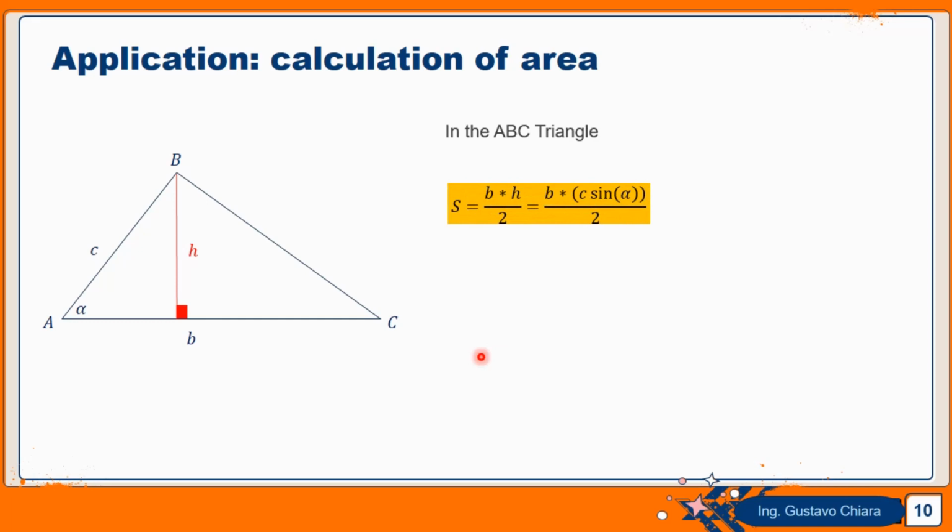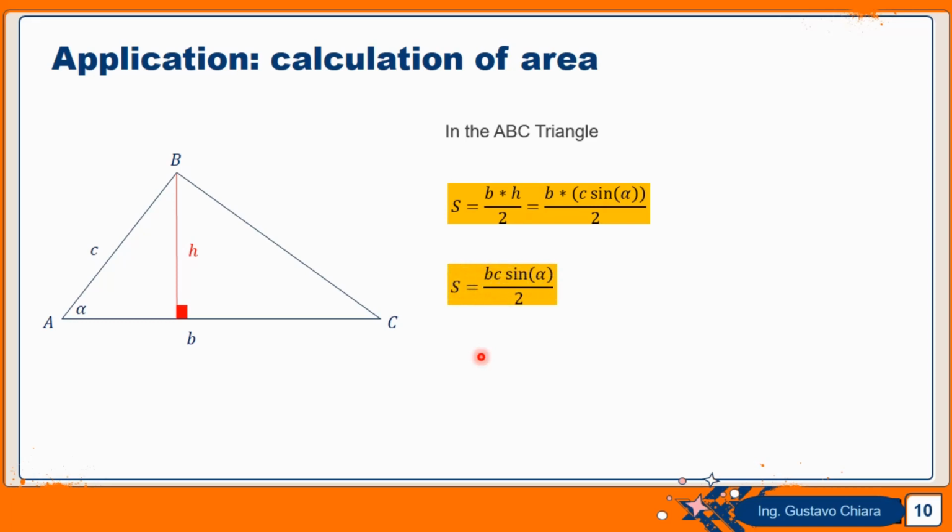It is defined as the base multiplied by the height divided by 2. Using the triangle, remember that you have the hypotenuse and the angle, so the height is equal to c multiplied by sine of alpha.